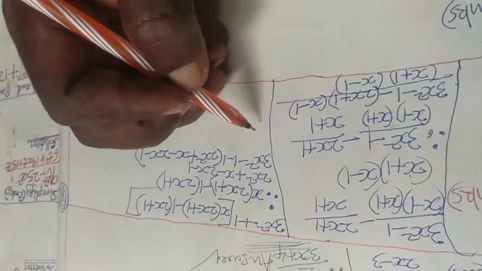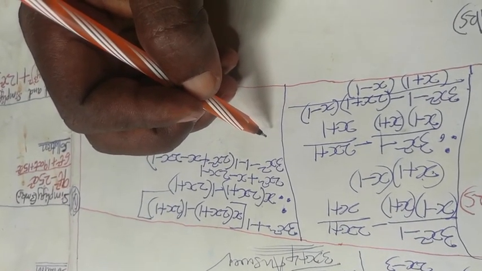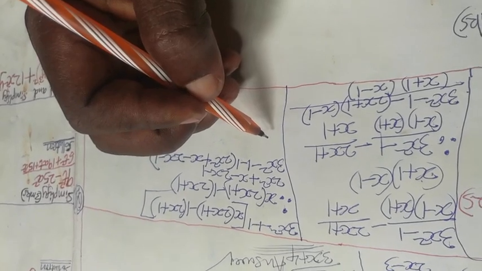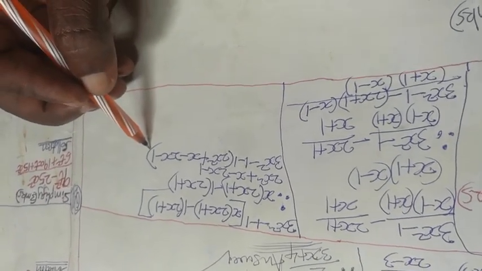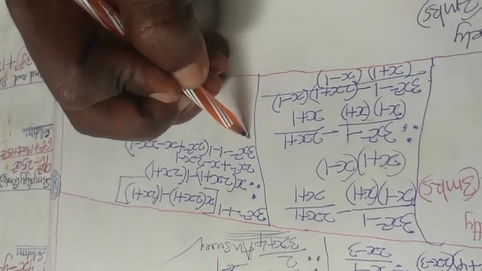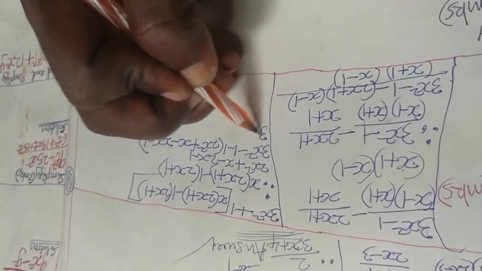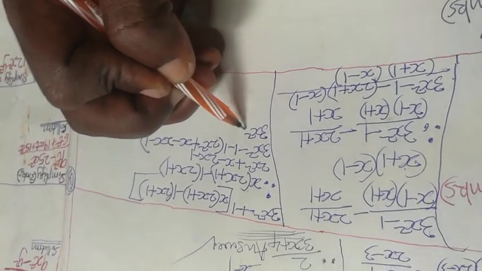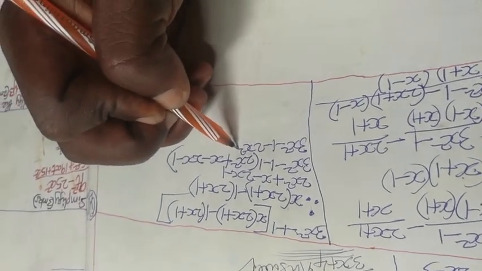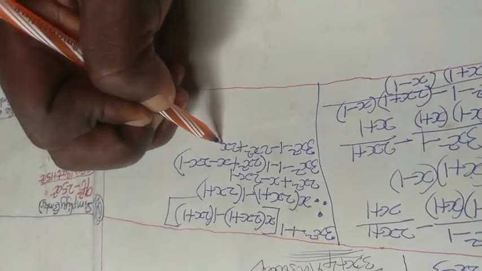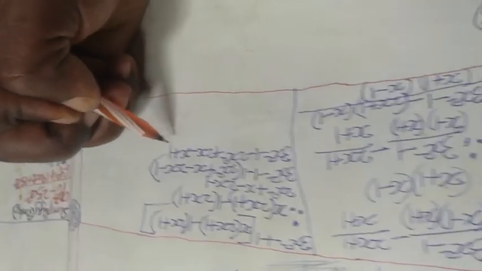Remove the brackets by multiplying the values in it through by the minus 1. If you multiply all by minus 1, we are going to get our final value as 3x squared minus 1 minus 2x squared plus 2x minus x plus 1.